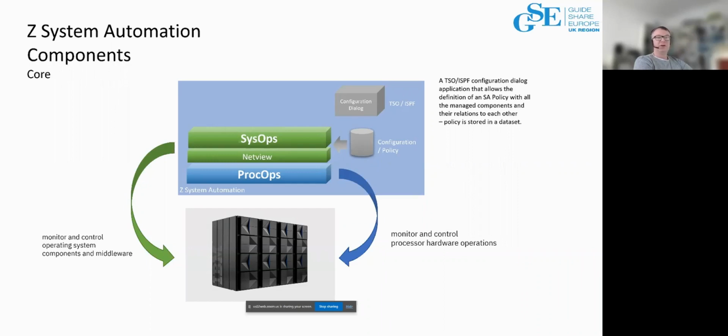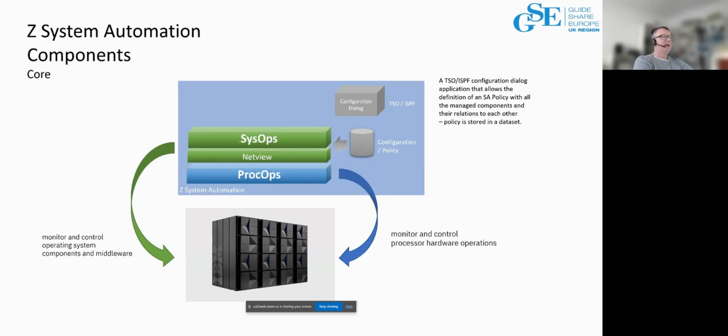That's all stored in our policy, which is defined by that TSO ISPF application, saved in a data set and activated later in SysOps. Those are the core components of System Automation as they have existed for many, many years.